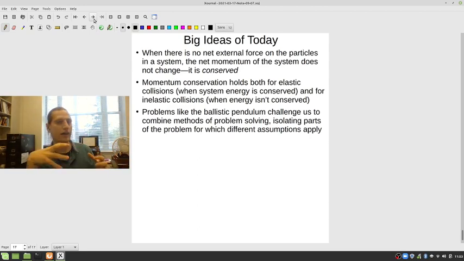And in that case, the amount of kinetic energy in is not the same as the amount of kinetic energy out. And finally, we're going to look at a couple problems like the ballistic pendulum that incorporate different ways of thinking for different parts of the problem. So momentum conservation for the first part, and then energy conservation for the second part.